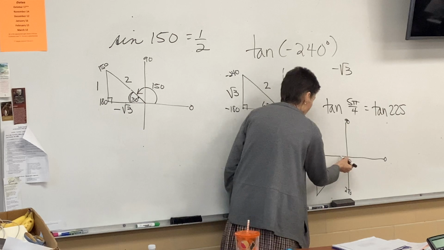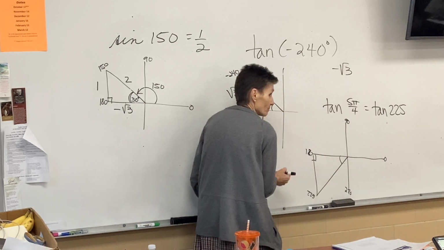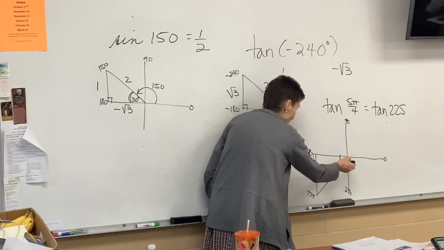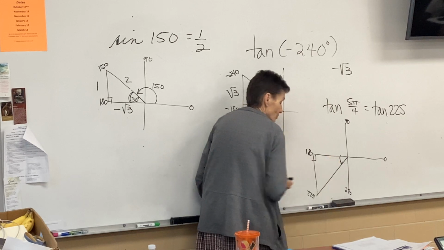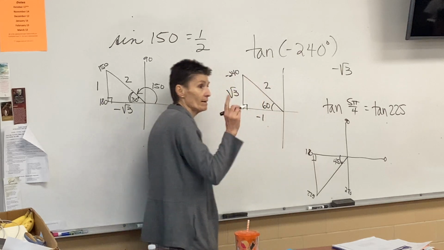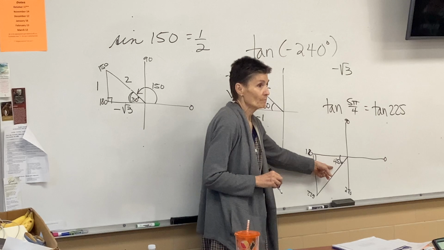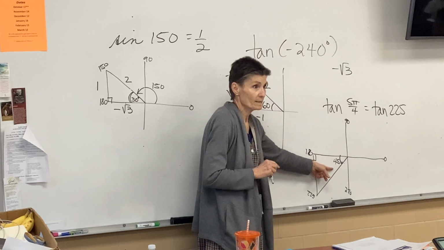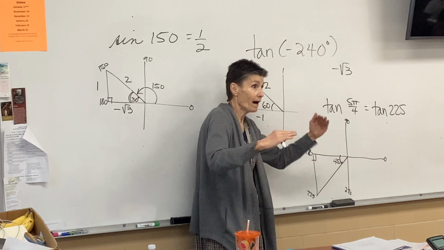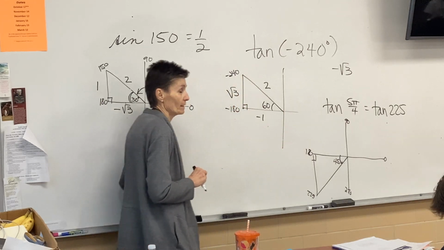Now you gotta figure this one out. Remember, this is 225, and this is 180. How much past 180 did I have to go to get to 225? 45. Hey, if I'm doing this without a calculator, what does that angle always have to be? 45 or 30 or 60, right? If you get 17, stop, because you're probably wrong, if you're doing this without a calculator.